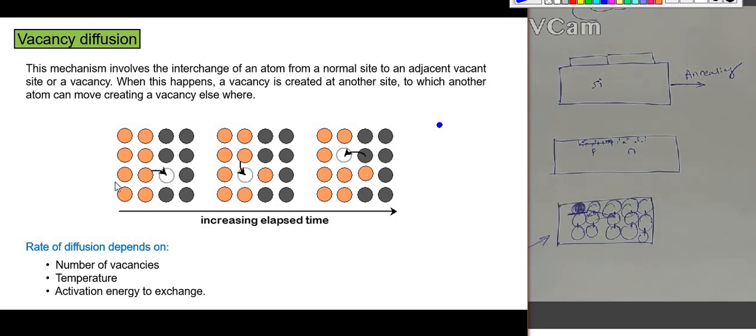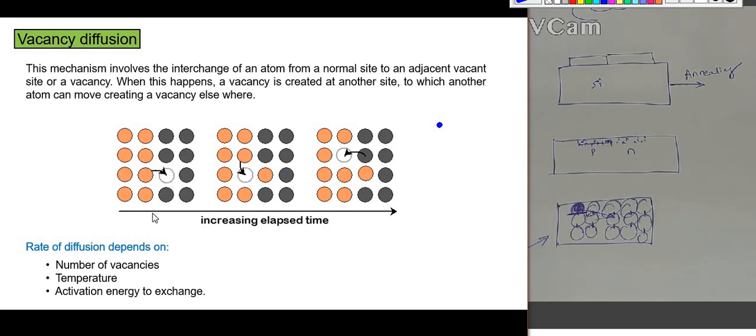The first one is vacancy diffusion. This mechanism involves the interchange of an atom from its normal site to an adjacent vacant site, or vacancy. When this happens, a vacancy is created at another site to which another atom can move. Here we can see two sets of atoms, dark and orange, and here we have a vacancy.